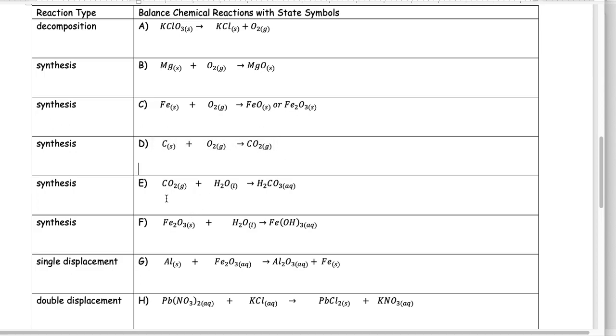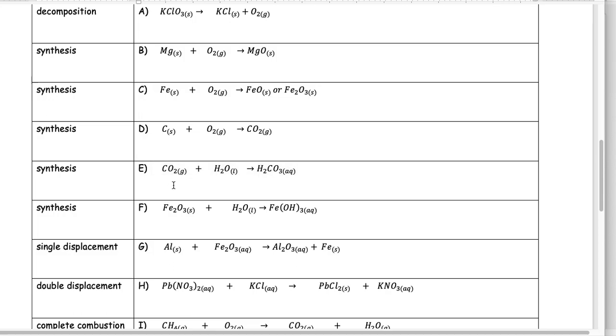All right, and then from there, a synthesis reaction of carbon dioxide with water. We're sending carbon dioxide into the air, it's mixing with the water in the air and falling as acid rain. So the acid formed will be an aqueous solution. And we've seen that, right? All acids will be aqueous for our year.